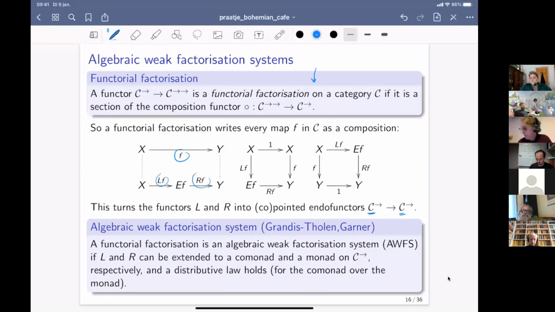There's a natural transformation from L to the identity, and from the identity to R, and those are given by these squares over here.